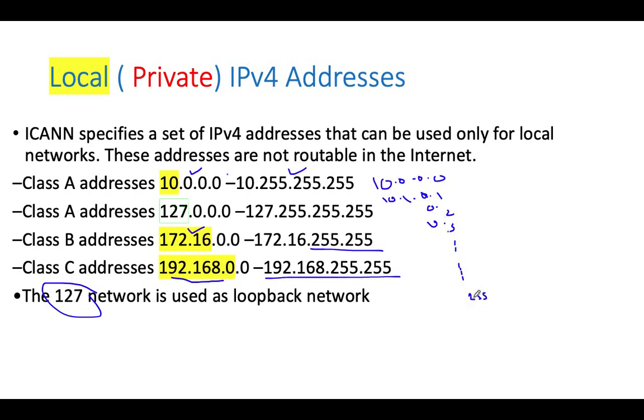When this one reaches 255, I move over here and make this one 1. So it's 1.0, 1.1, 1.2, 1.3, 1.4 until it reaches 255. Make this one 2, 2.0, 2.1, and so on. Keep going like that until this one becomes 255, then you move over here, it becomes 1, 0.1, like this.